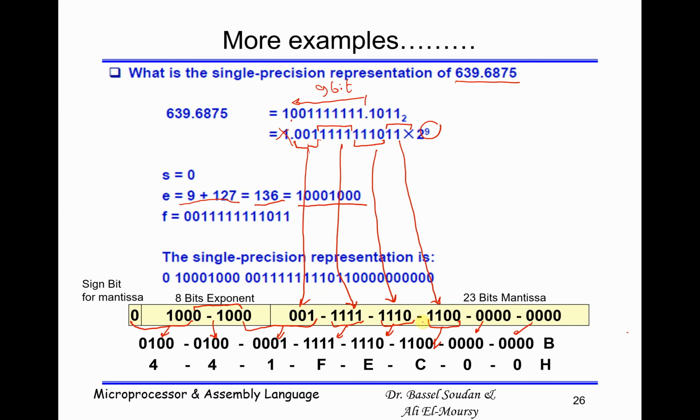So this is in binary. So here is the number in binary, how it is stored, and here it is in hexadecimal. Agree? Make sense?